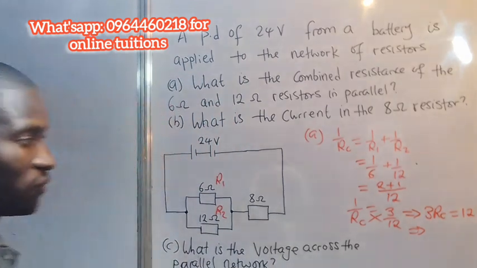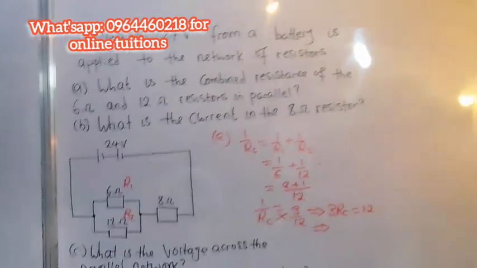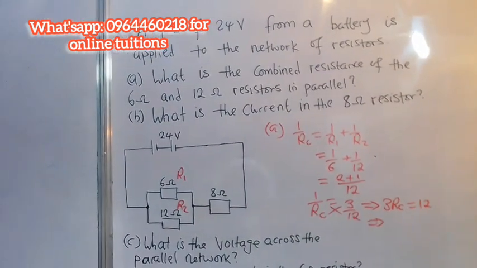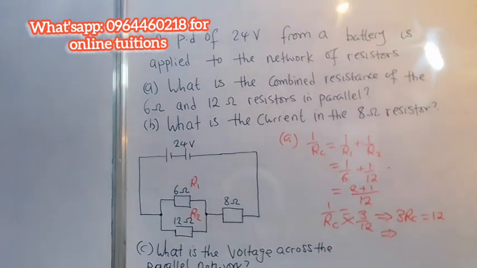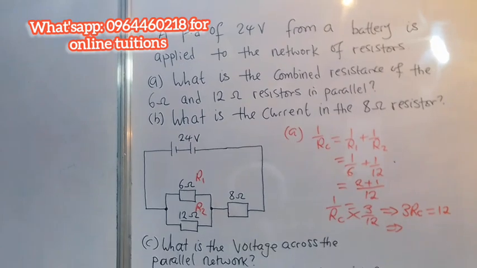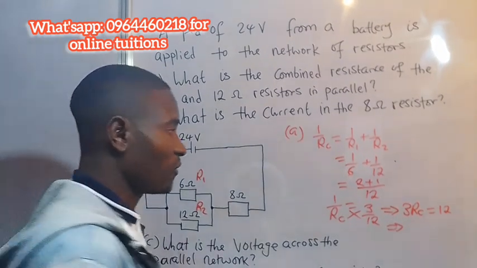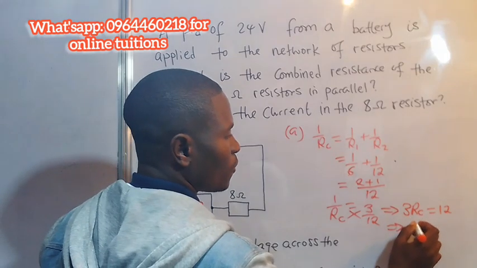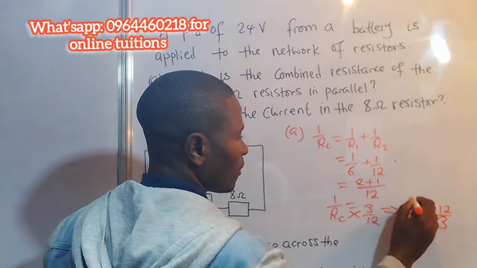Now you divide this over 3, and this over 3.